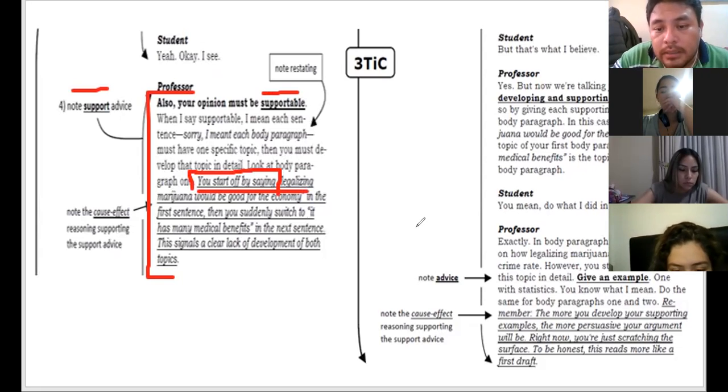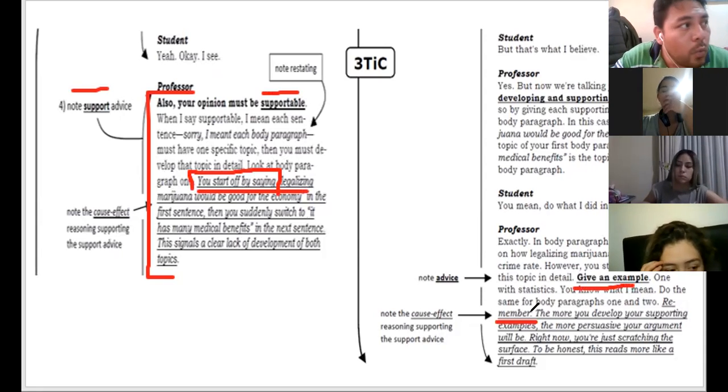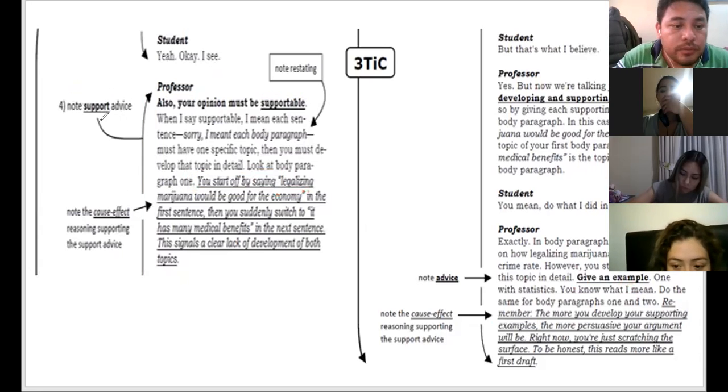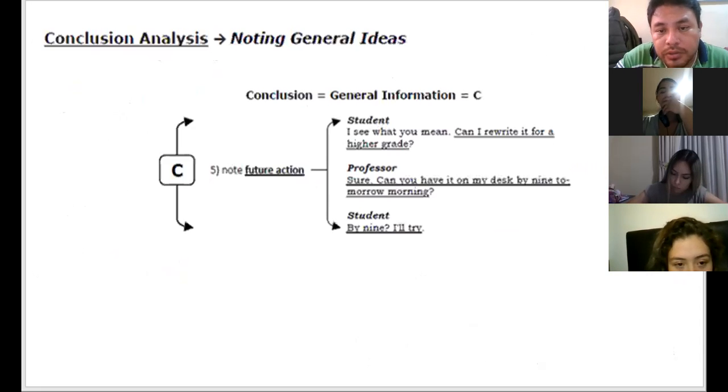Okay. And for the last advice, give an example, and here saying why she should give an example. Same structure. And for the end, we have the conclusion. By the conclusion, the professor will have solved the student's problem.